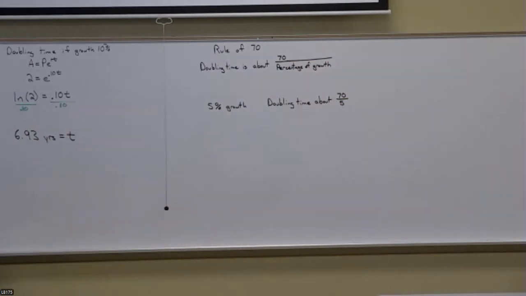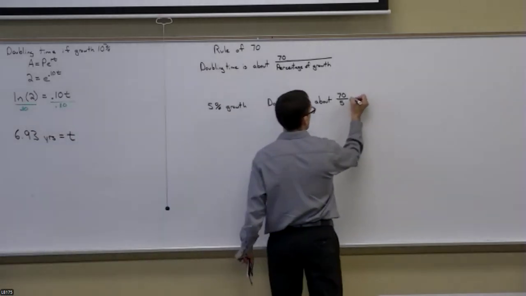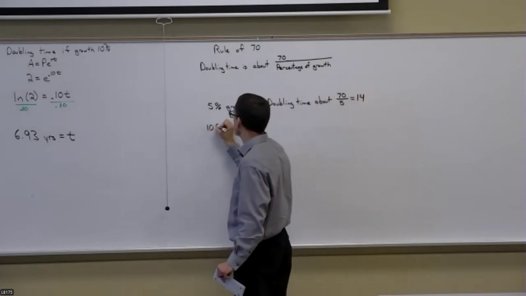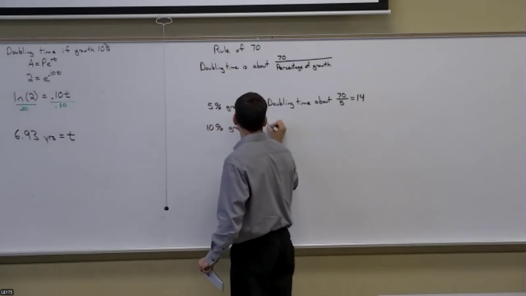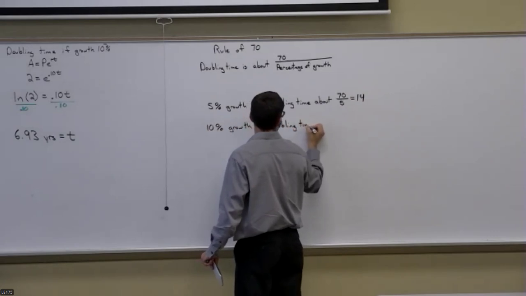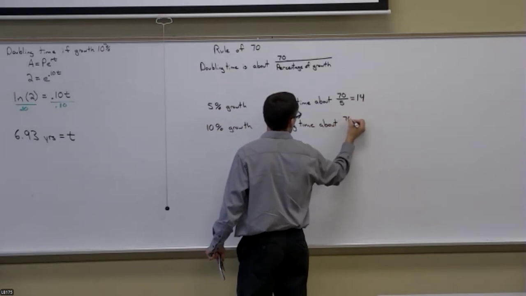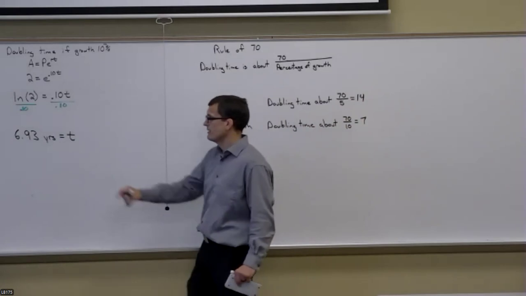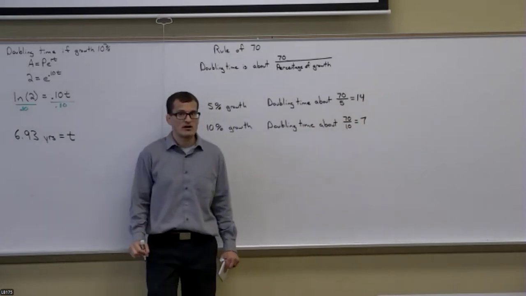If I take 70 divided by 5, I get about 14. And if I had a 10% growth, the doubling time is about 70 divided by 10, which would obviously be 7. Pretty close to what our actual doubling time was.